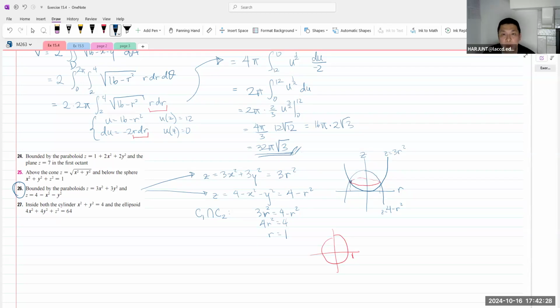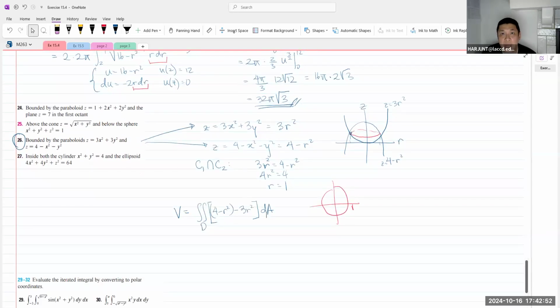So the volume equals the double integral over D of the upper part, that's 4 minus r squared, minus the lower part 3r squared dA.